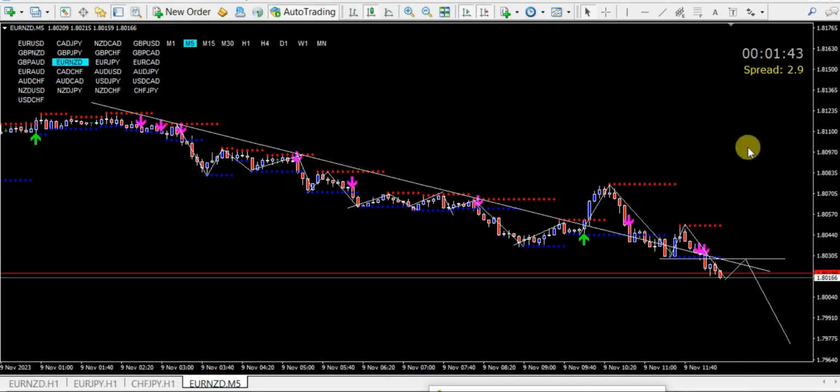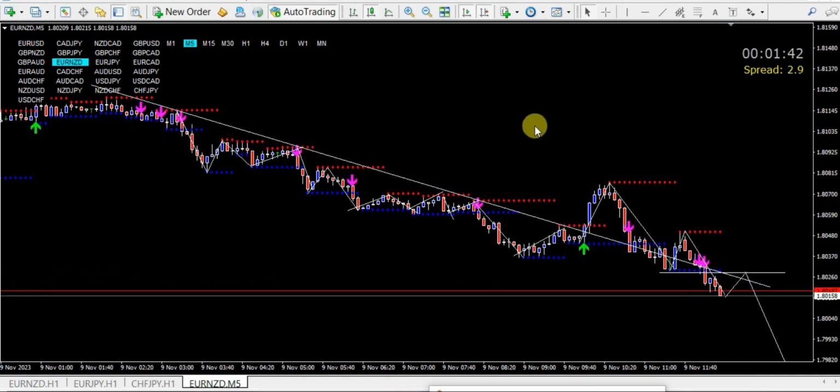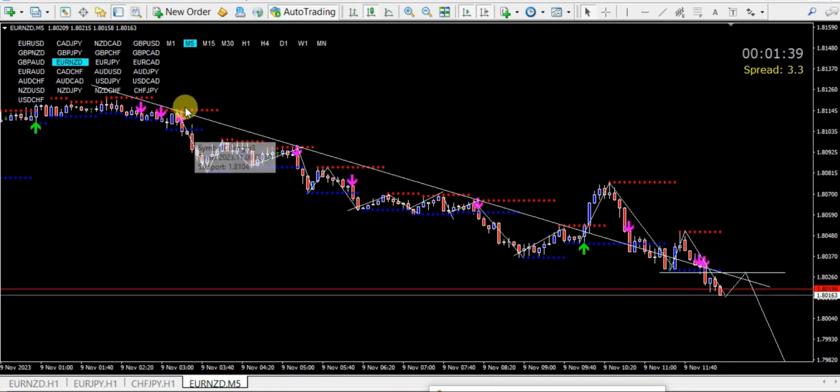So like this one now, let me explain. As we can see, let's assume you actually want to enter into any of these, you can always enter from here. Like the market was coming down, then went back up.